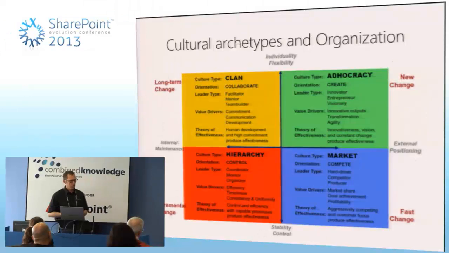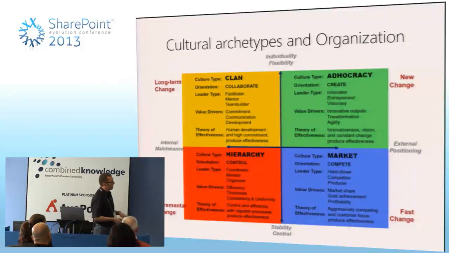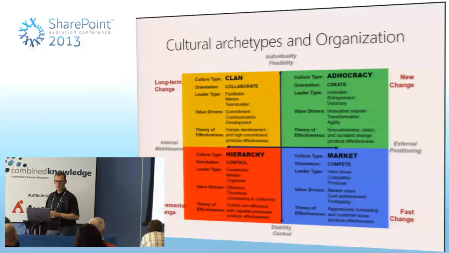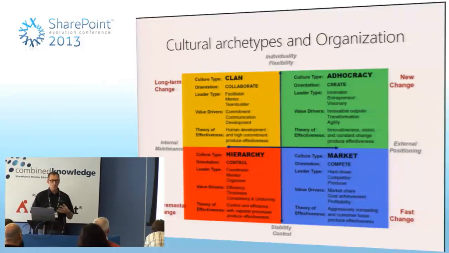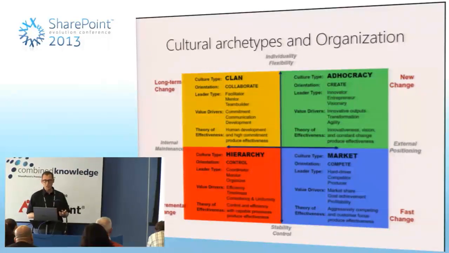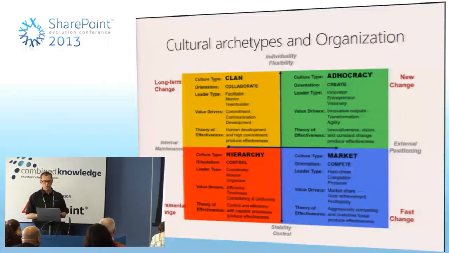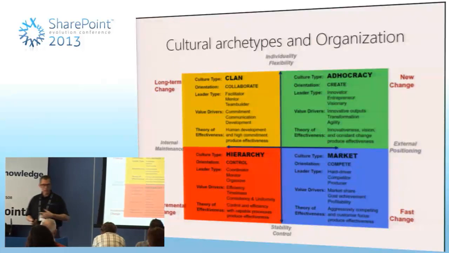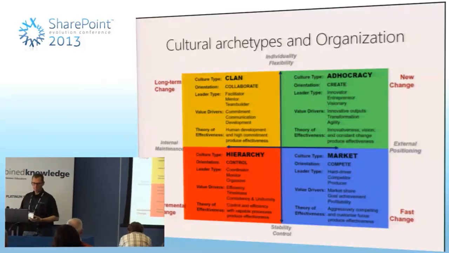Another thing we did was look at cultural aspects within an organization. This is the conflicting values framework, and it gives you a really good insight into what your organization is like. What sort of organization are you, and how are people working? So are we, for instance, market-driven, and do we have to compete with other companies?